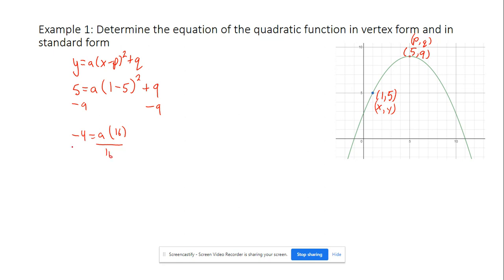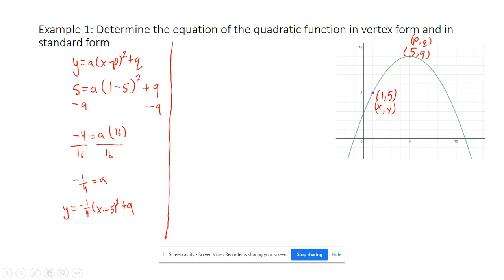I'll divide by 16, and negative 4 over 16 is the same thing as negative 1/4. So our equation is going to be y equals negative 1/4 (x minus 5) squared plus 9. Here's our equation in vertex form.